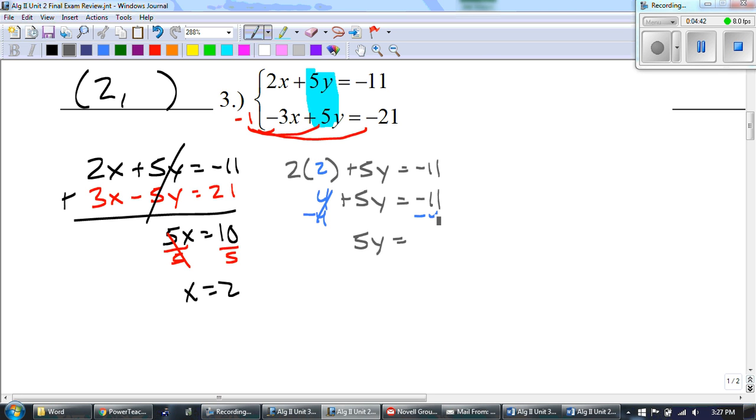So we get negative 11 minus 4. Well, what's negative 11 minus 4? Yeah, negative 15. And then divide both by 5. And we get y equals negative 3. So the point where those two intersect is 2, negative 3.